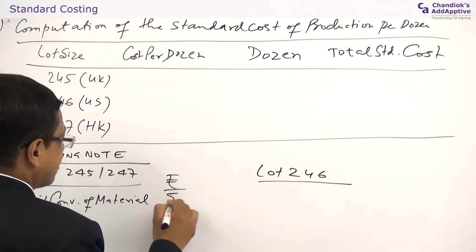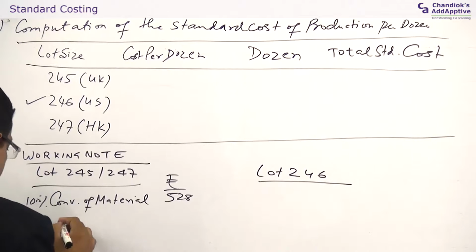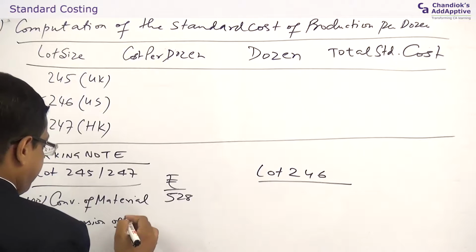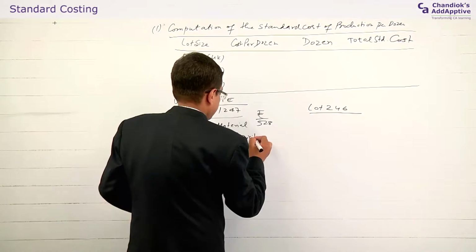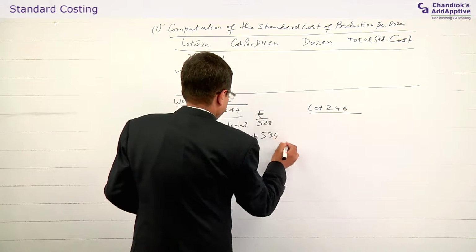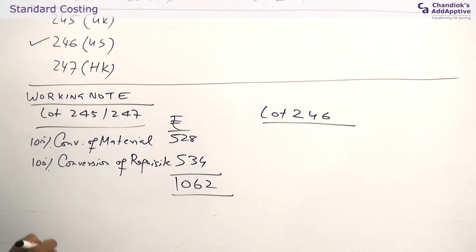The detail is rupees 528. 100% conversion of requisite. So, this is 534. So, if you add it, it becomes rupees 1062.